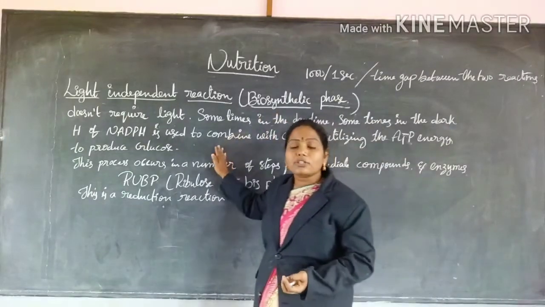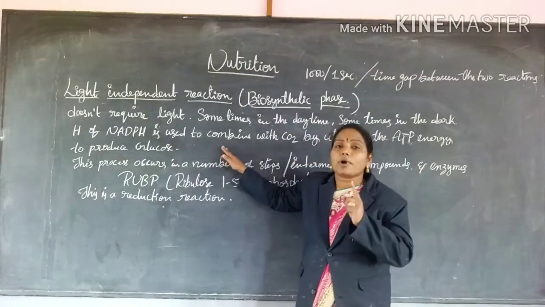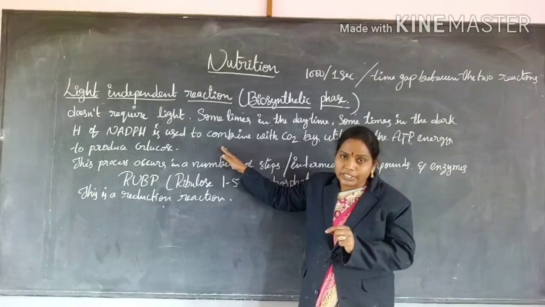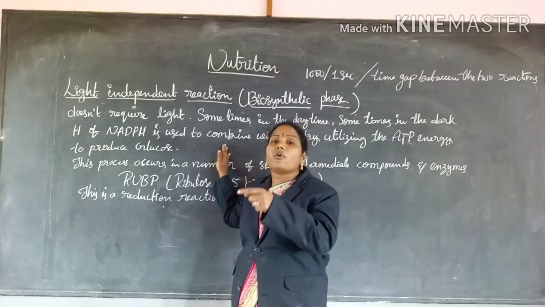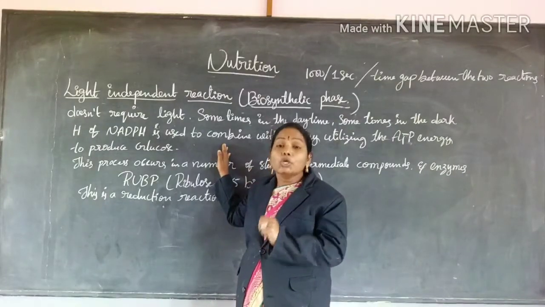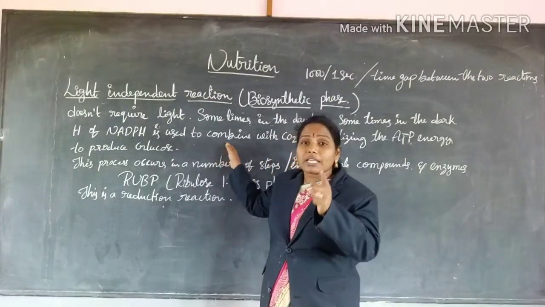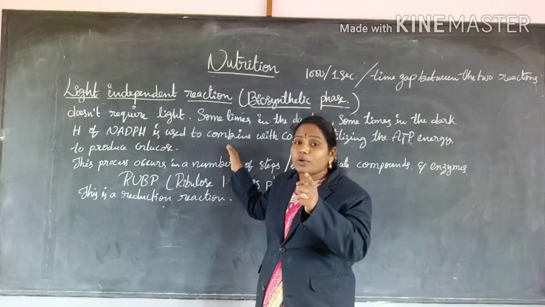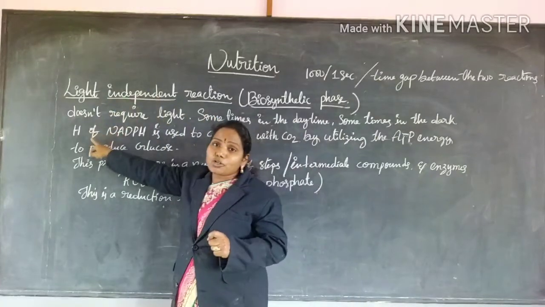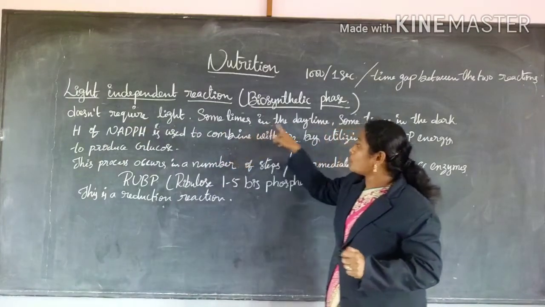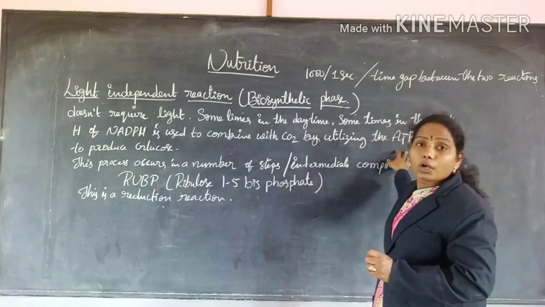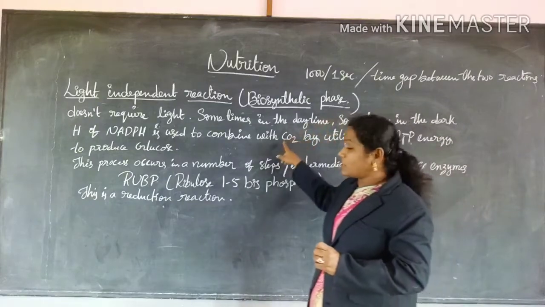So here, you know that in the third step of light dependent reaction, NADP combines with H plus and forms NADPH. So in that NADPH, hydrogen is there. That hydrogen is utilized to form the glucose with CO2.